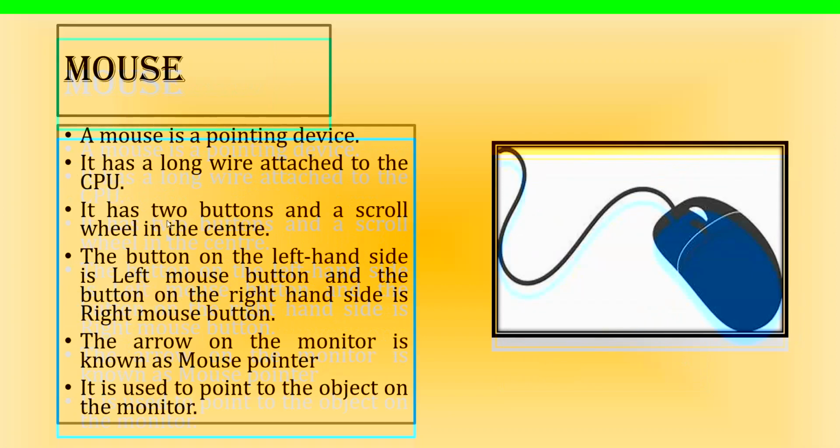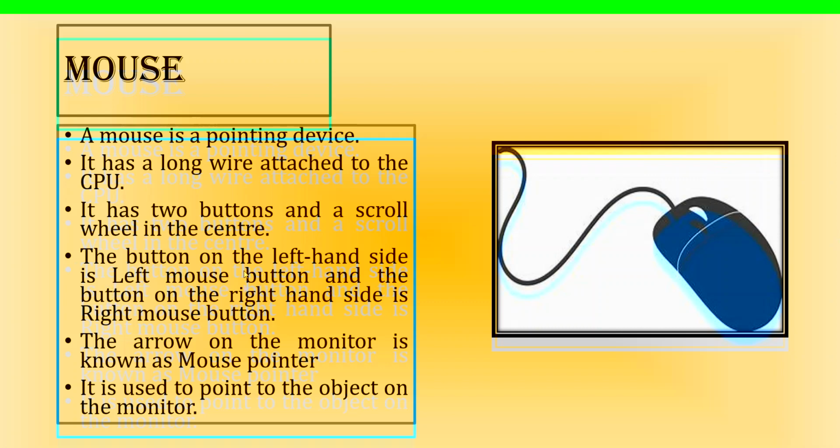It has two buttons. How many buttons? Two buttons. Button 1 and button 2. And one scroll wheel in the center of the mouse.